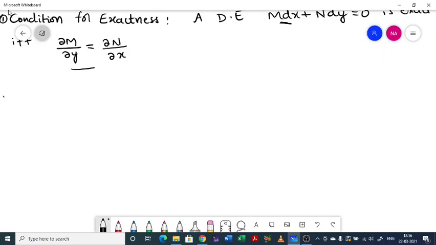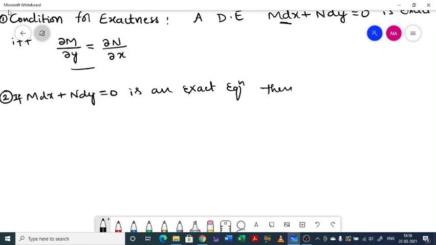So the next important point. The second important point is: given an exact equation, if M dx plus N dy equal to 0 is an exact equation, then there is a rule to write the solution of this exact equation.